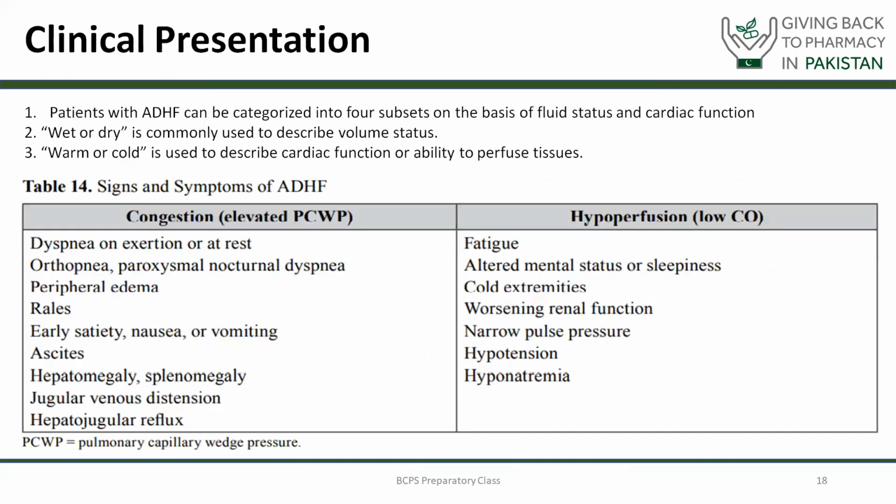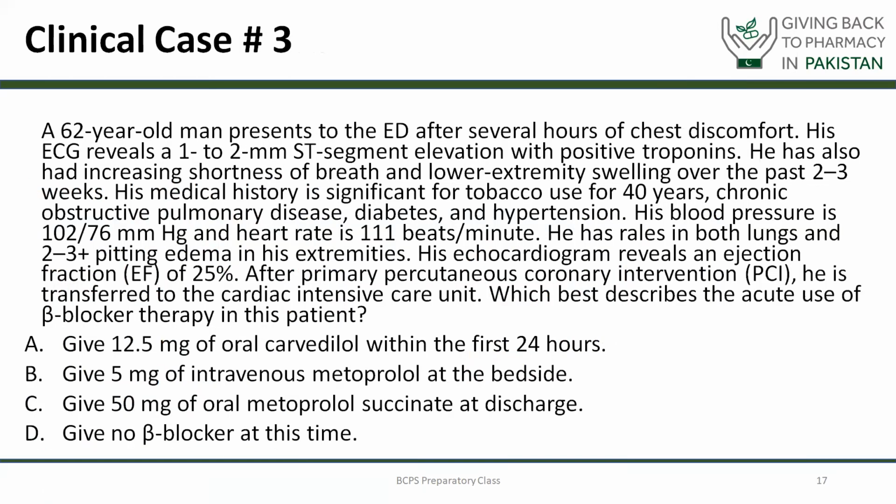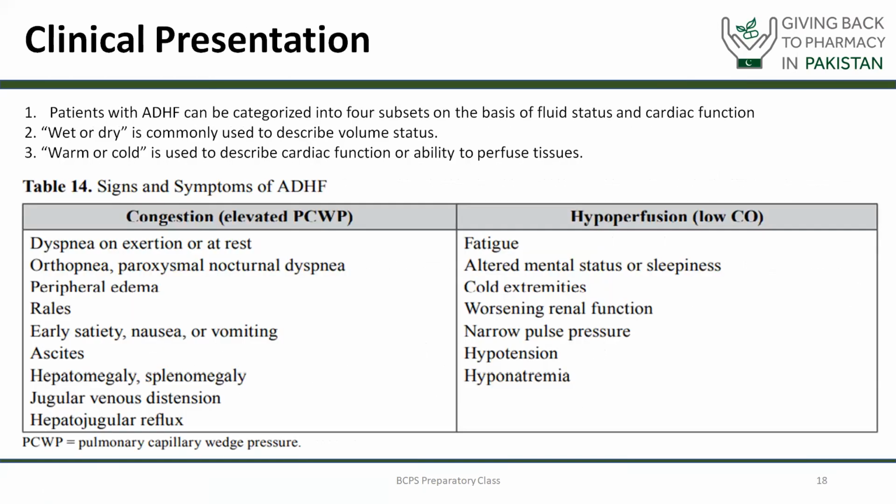So, clinical presentation of acute decompensated heart failure. Basically, this patient is a heart failure patient. We can categorize them into 4 subsets on the basis of fluid status and cardiac function. In acute decompensated heart failure, we divide the patient into 4 groups. Wet or dry is from the volume status. If the volume is too much in the body, the patient will be wet.